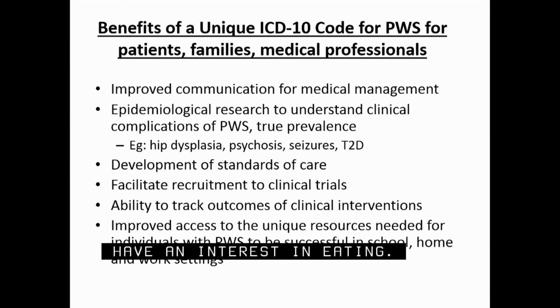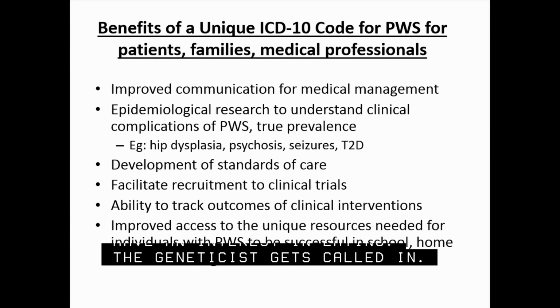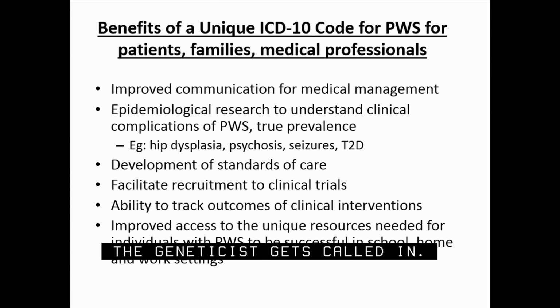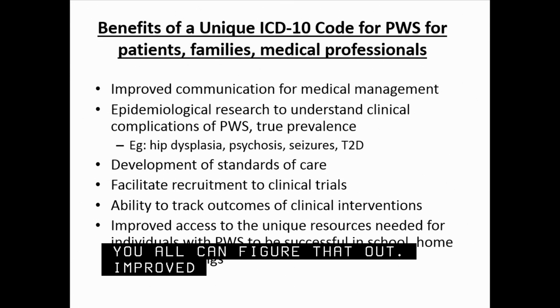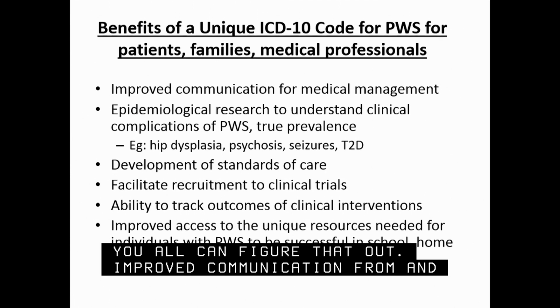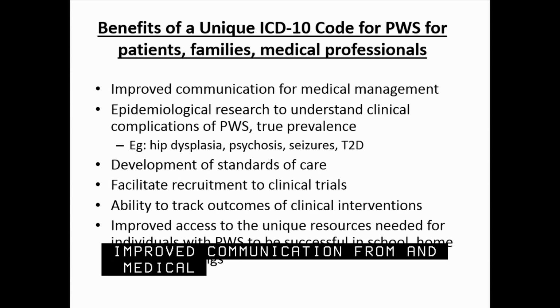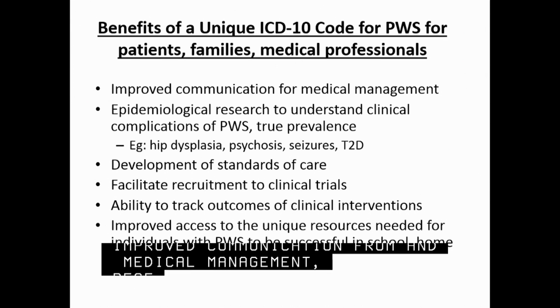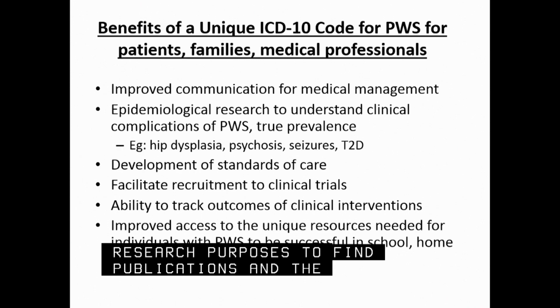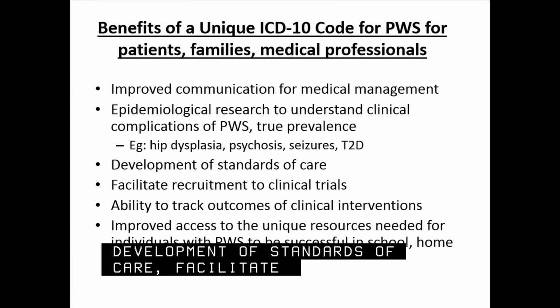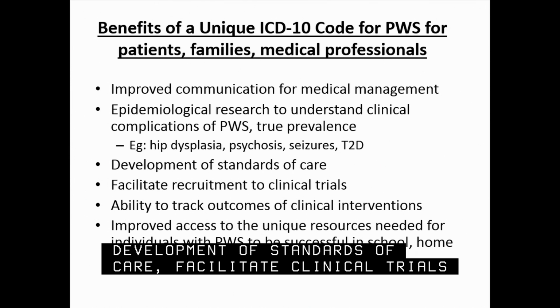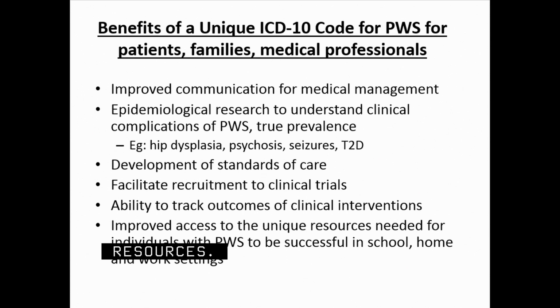So what are the benefits of having a unique code? I think you all can figure that out, but it's improved communication for medical management, for research purposes, to find out the complications and the prevalence, develop standards of care, facilitate clinical trials, ability to track clinical interventions, and improve access to various resources, and also to help the billing agencies, the insurance companies.